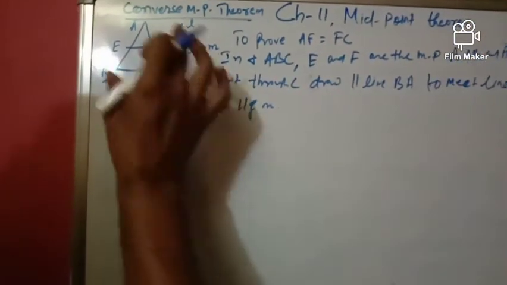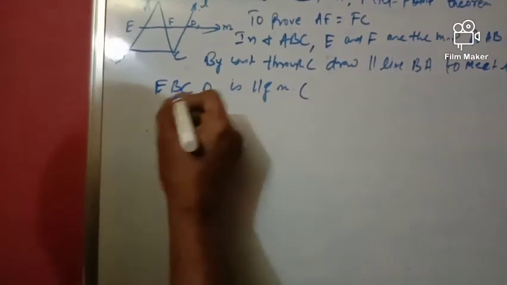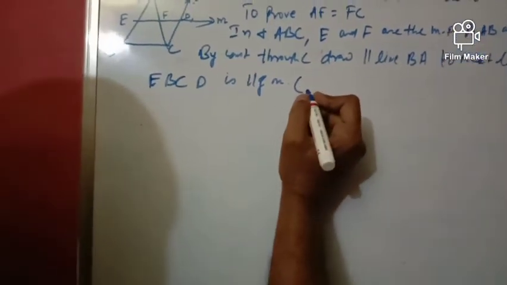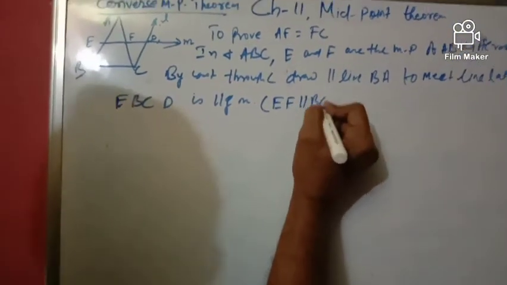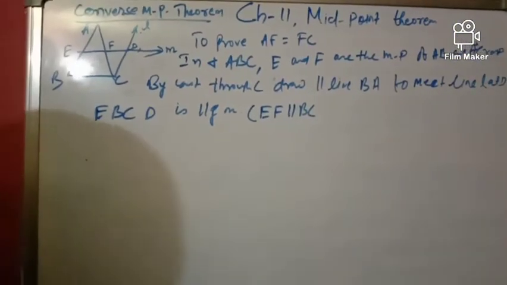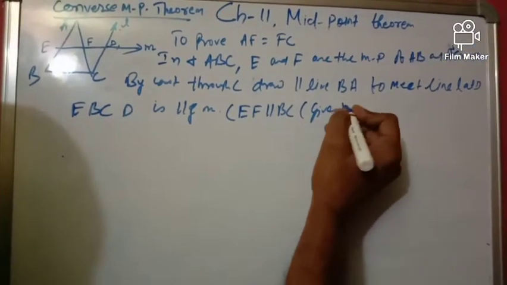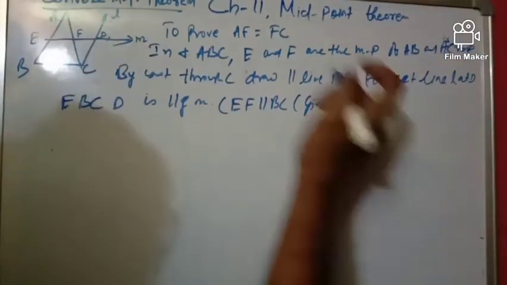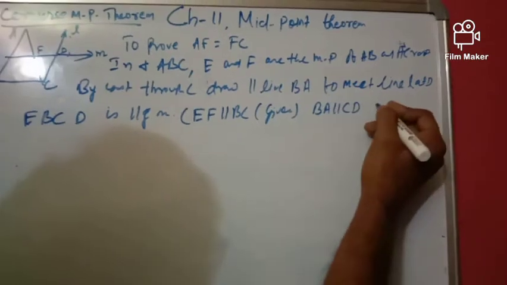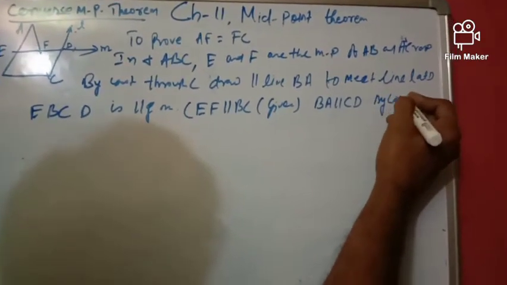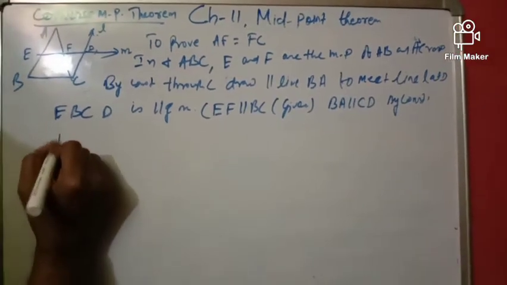Why? Because EF is parallel to BC, this is given, and BA is parallel to CD by construction. Write the reason: by construction.